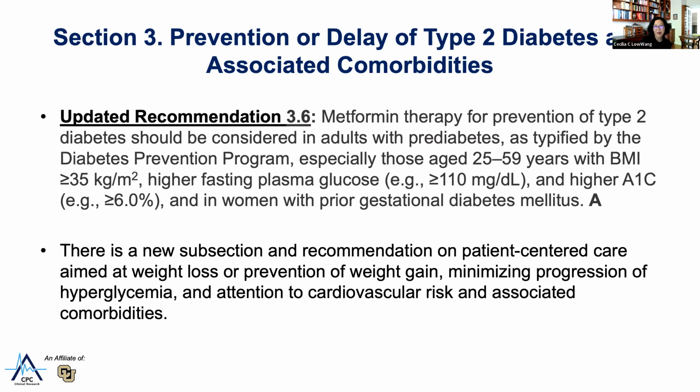Section 3, which is about prevention or delay of type 2 diabetes and its comorbidities, just a couple of things. There's an updated recommendation on metformin, and there is a bit of detail about who it's really recommended for. Especially people who have a BMI of 35 or greater, who are between the ages of 25 and 59, people with a higher fasting glucose, so this is a higher part of abnormal fasting glucose, and then higher A1Cs, so 6% or higher.